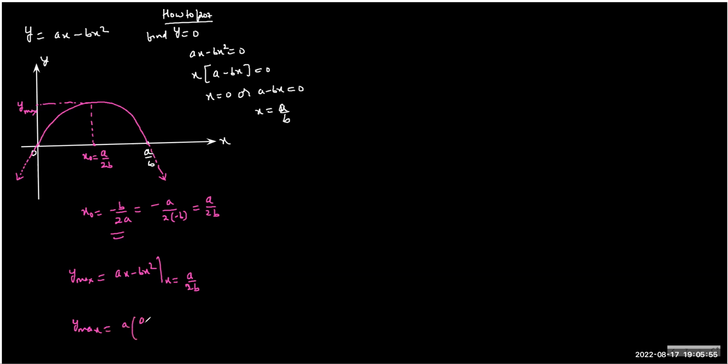So a into a by 2b minus b into a by 2b whole square. So a square by 2b minus a square by 4b, and this will be the answer. So what is the maximum value of y?